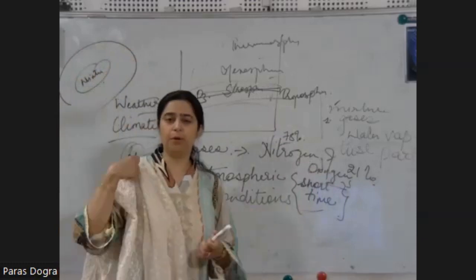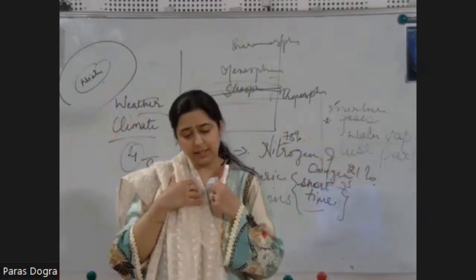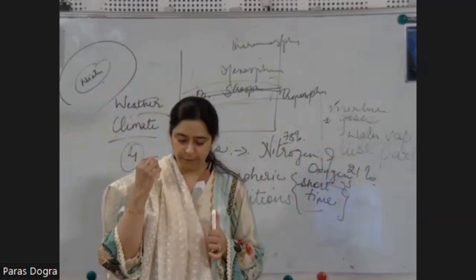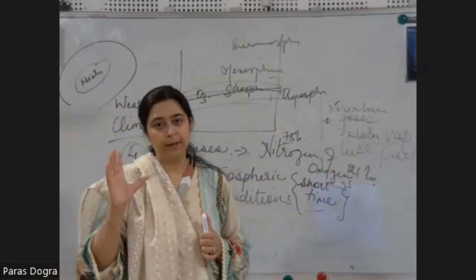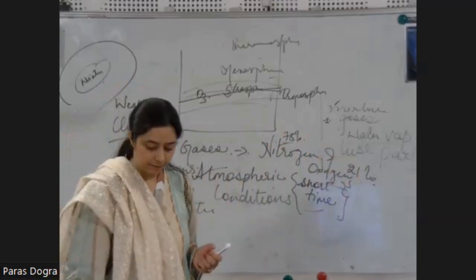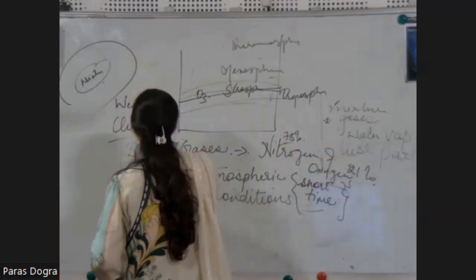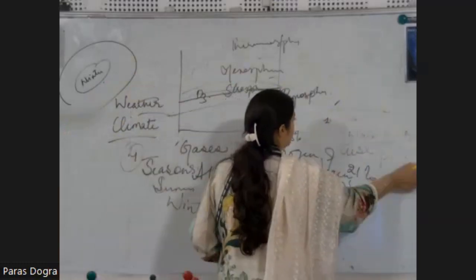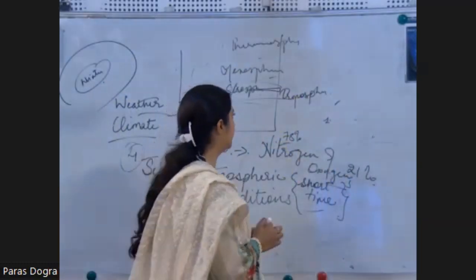So this is all about weather and climate. Climate is generally on a broader scale, and weather varies from day to day, week to week. That's it. So now, what are the important elements which decide the weather and make up the weather condition? So there are important elements.